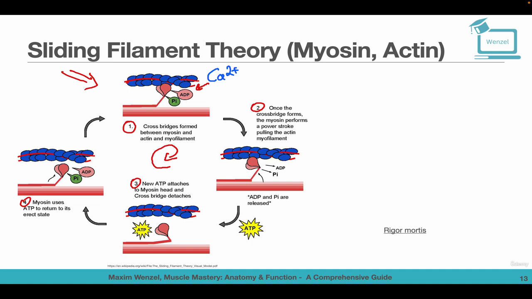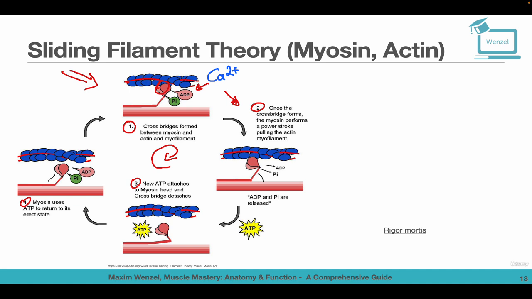Now, as calcium is released into the cell, ATP is used, and we will have a connection between myosin and actin. So for the second part, we go from there to there, we have cross-bridge formation and the calcium role.